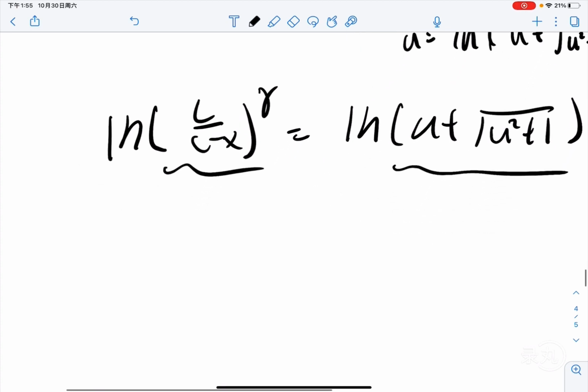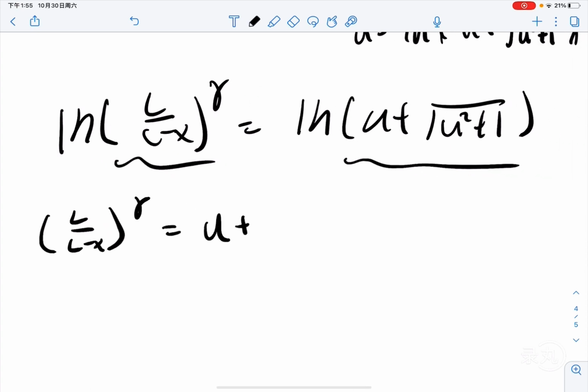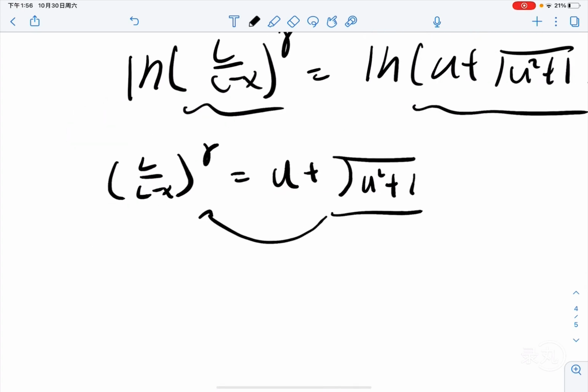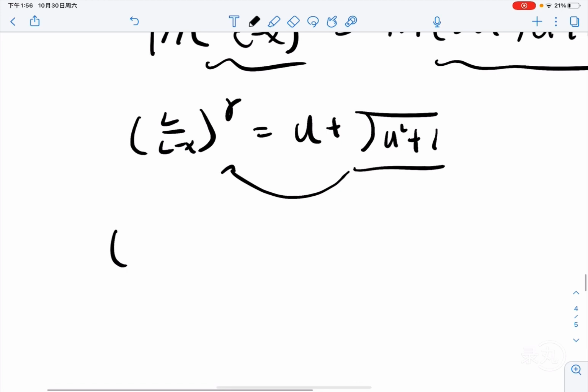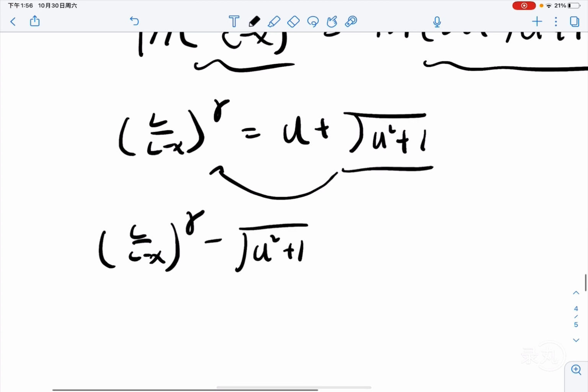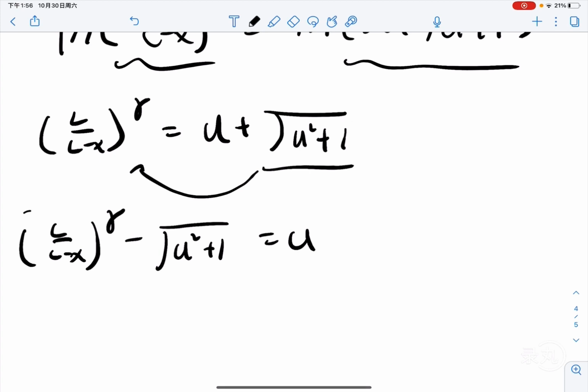So L minus x to the gamma is equal to u plus the square root of u squared plus 1. And if we move it to that side and take the square, so we have L minus x to the gamma minus u equals the square root of u squared plus 1.